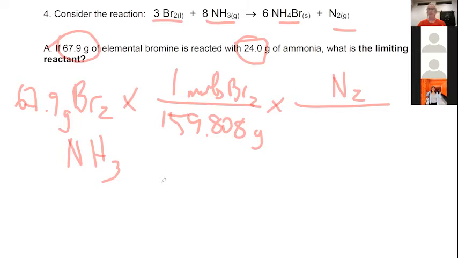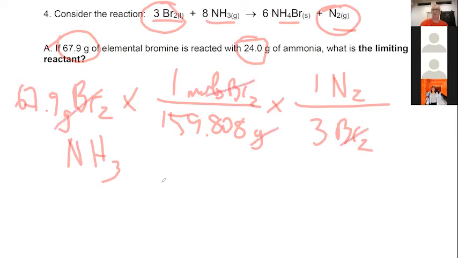So here I use my balanced equation. For every 3 moles of bromine, I make 1 mole of nitrogen. So that's 1 mole of nitrogen for every 3 bromines. And then grams of bromine, moles of bromine, and I'm left with moles of nitrogen.